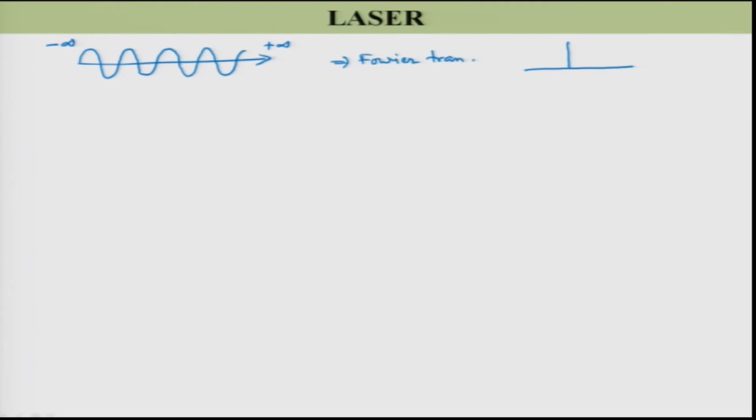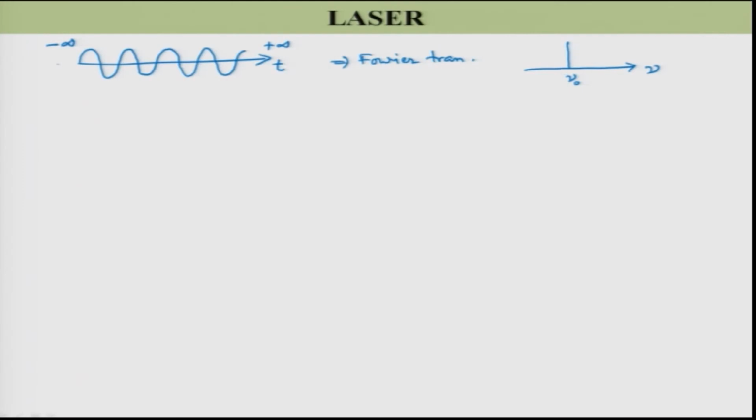So, for this plus infinity to minus infinity oscillation, if I do the Fourier transformation, from the time axis I will get the frequency axis, and whatever you get is a single line.